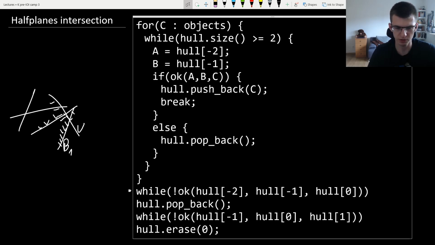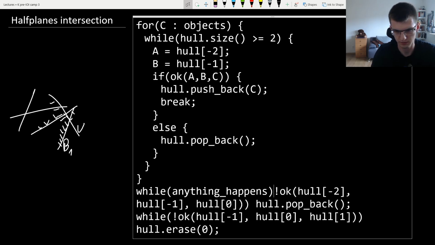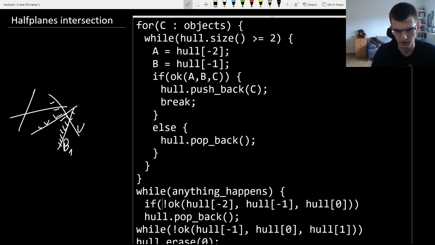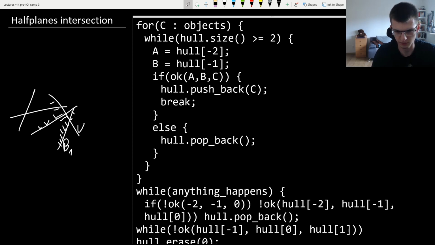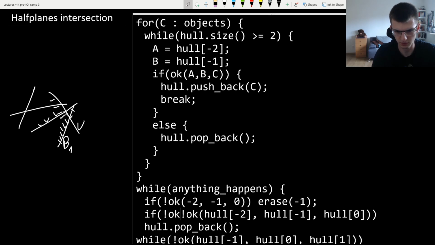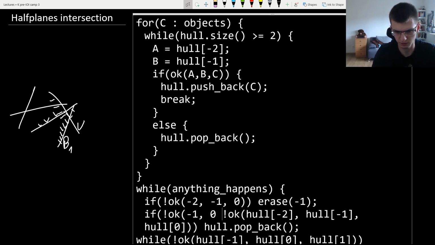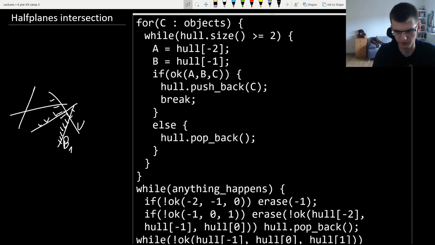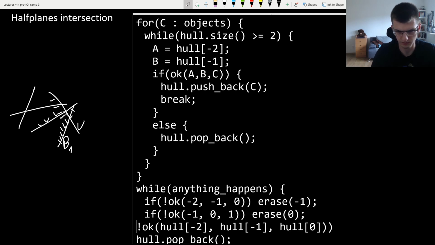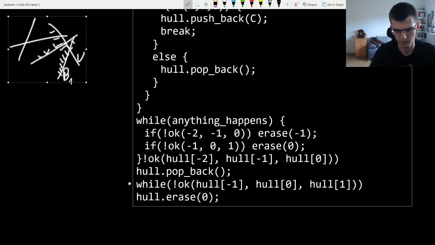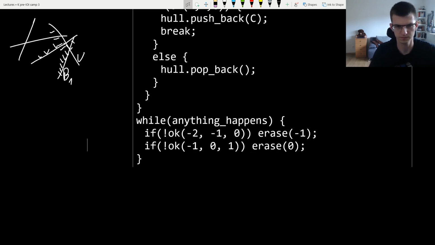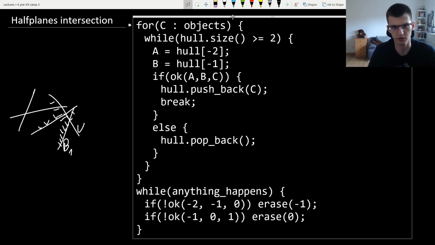So the code should be more like, while anything happens, if not awk of -2, -1, 0, then erase the last element. If not awk of -1, 0, 1, erase the 0th element. And that's the correct code.